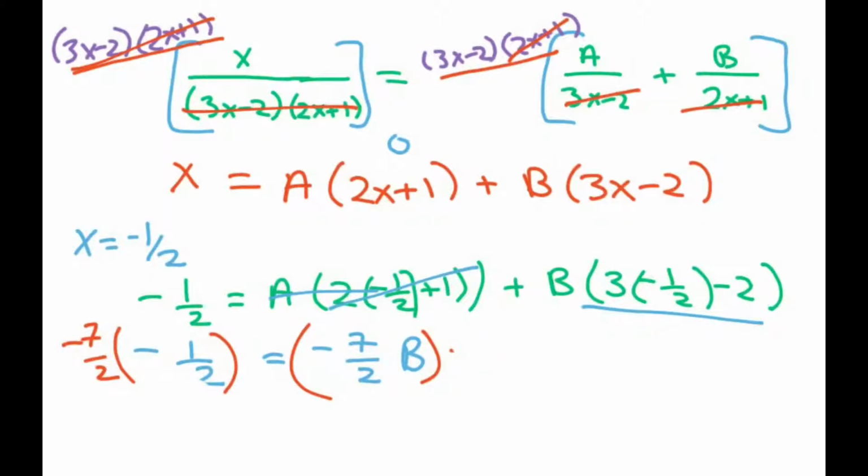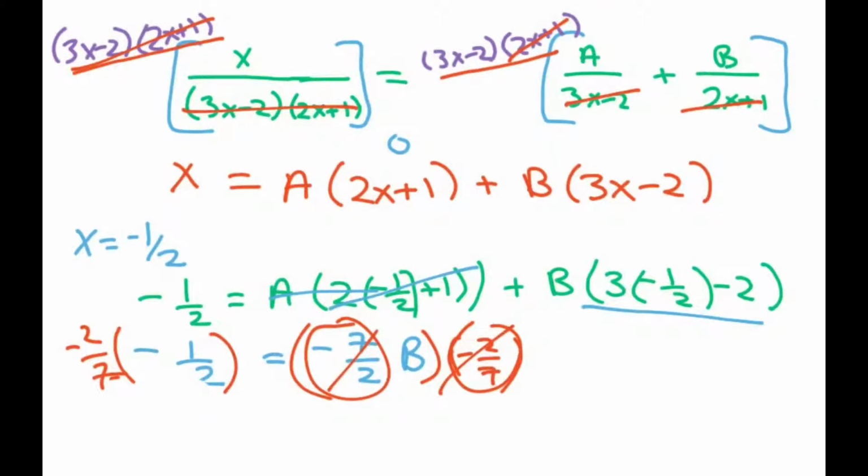Sorry, a little tired. So you're multiplying by negative 2/7, because we want this to equal 1. So that cancels, and you get B equals 2/14, which equals 1/7.